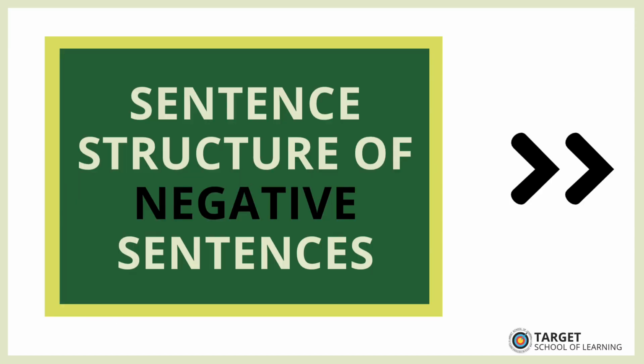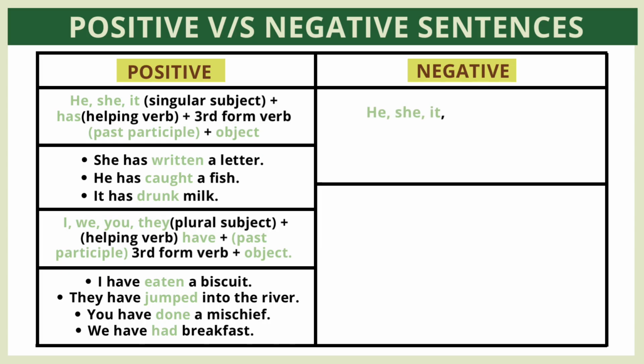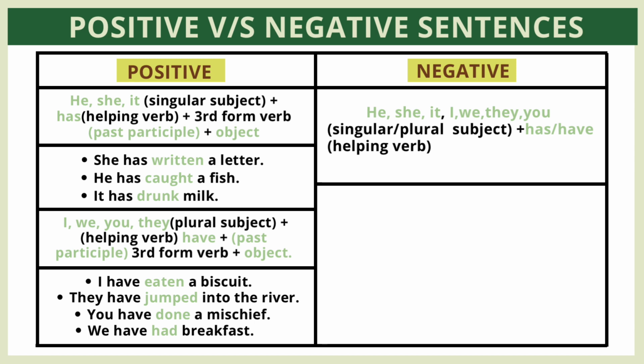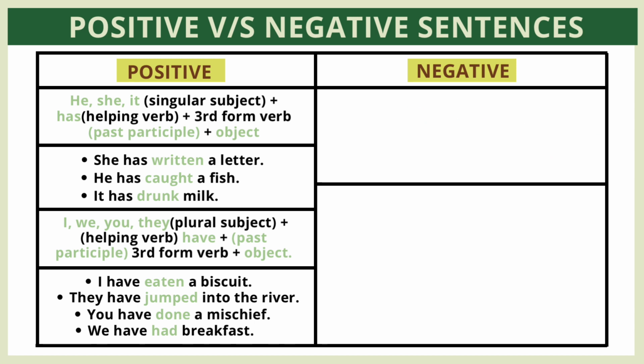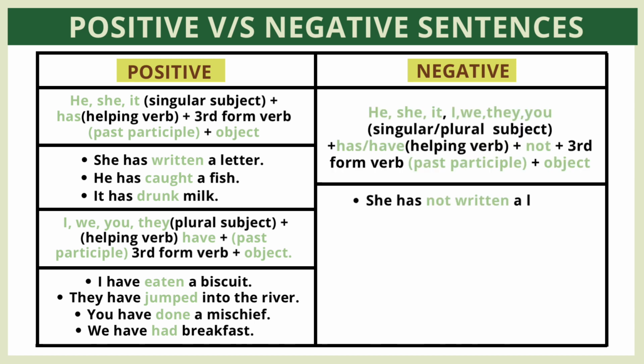Talking about the next sentence structure, that is negative sentences. Here, subject to be followed by helping verb either has or have depending upon the subject, plus not, plus past participle and the object at the end. For instance, she has not written a letter. He has not caught a fish.